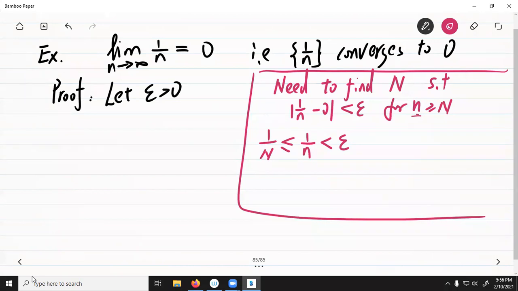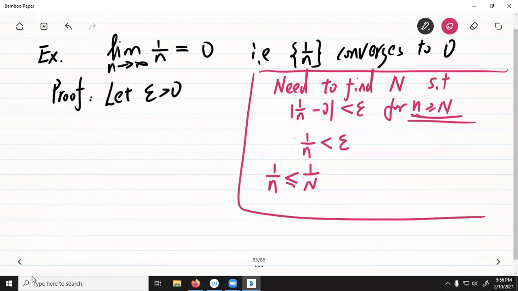Lowercase n is greater than capital N, so the denominator is smaller. Sorry, it's not the case. So this is our aim. We know that 1 over n is less than or equal to 1 over capital N, because n is greater than or equal to capital N. The denominator is smaller, so you have a larger fraction.